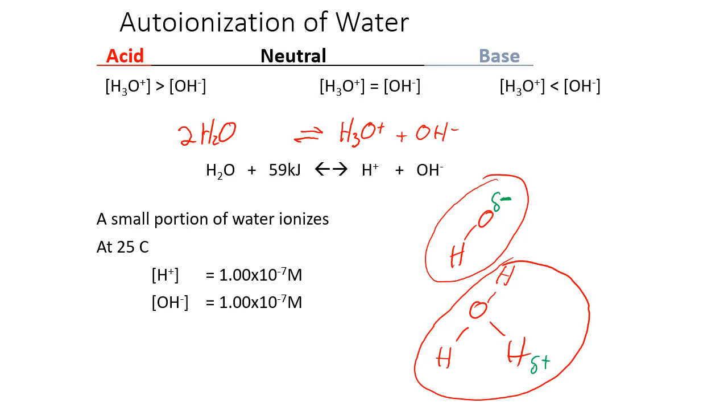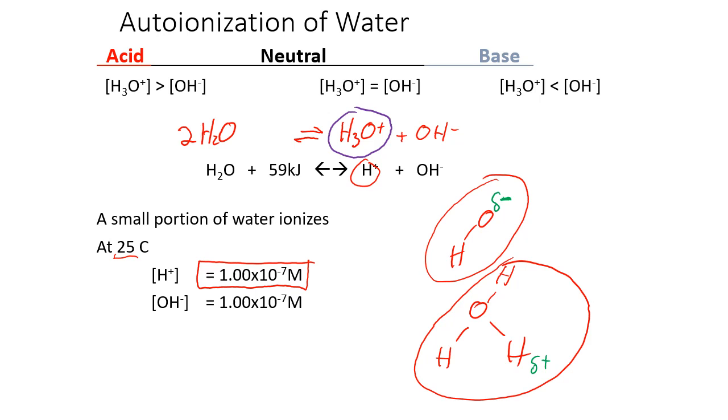Now, not all the water molecules turn into H3O plus and OH minus. In fact, it's a very tiny proportion of them. The concentration of H plus hydrogen ions, or the concentration of free protons in the water, which happens to be the concentration of hydronium ions in the water, will be 1 times 10 to the negative 7 at 25 degrees Celsius.